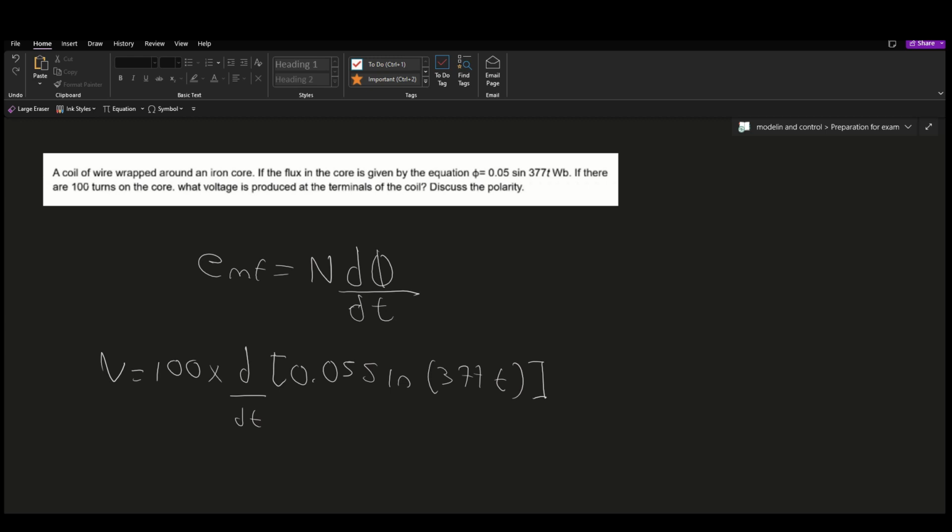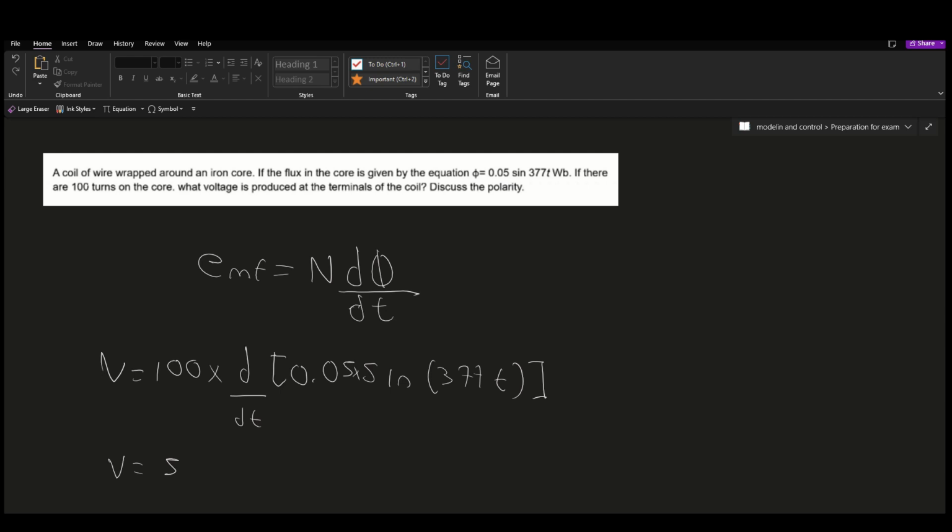So here we can take out this 0.05 because it's a constant, and multiply it by 100. So we will have 5. And when we derive the sine, well, here we're just going to use the chain rule, and we would derive the inside, and then we derive the outside.